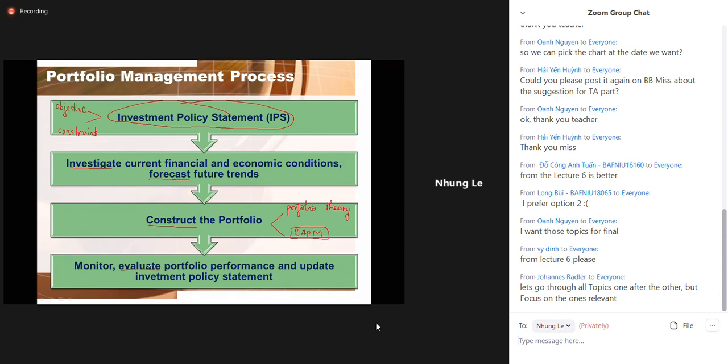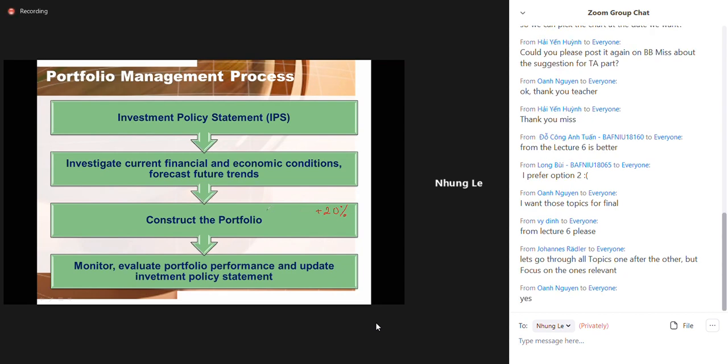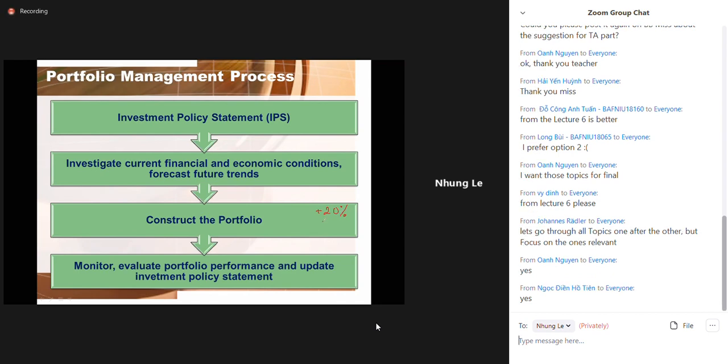When you evaluate the portfolio performance, remember this. Now I want to ask you, if you earn a 20% rate of return for your portfolio, are you happy? Yes, you're happy, exactly.